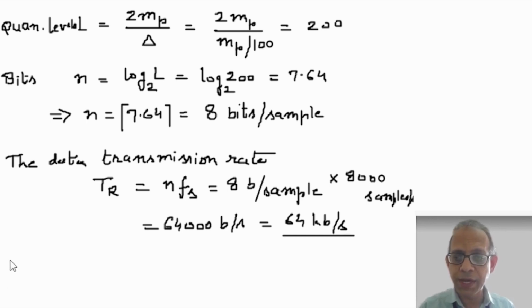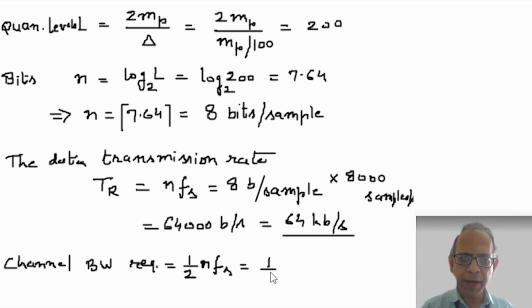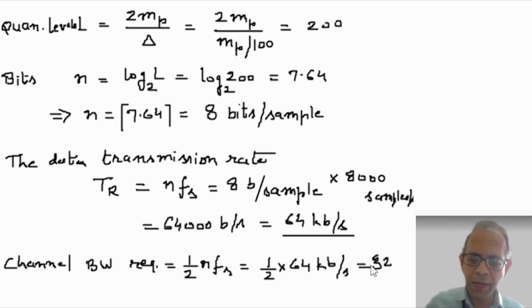Therefore the channel bandwidth required to support this data transmission rate is equal to half of it, that is half N Fs, that is 1 by 2 times 64 kbps, and the result is in Hertz. So it is 32 kilohertz. So this is the channel bandwidth required for transmitting the signal at the data rate 64 kilobits per second.